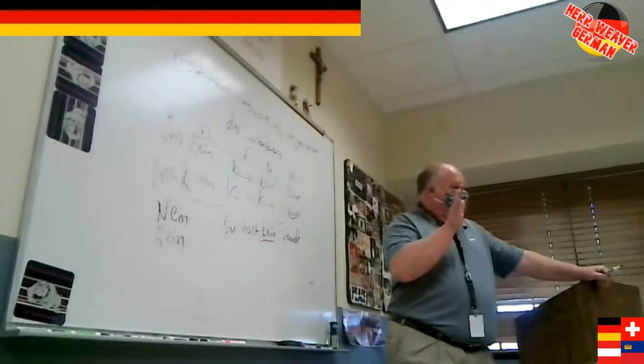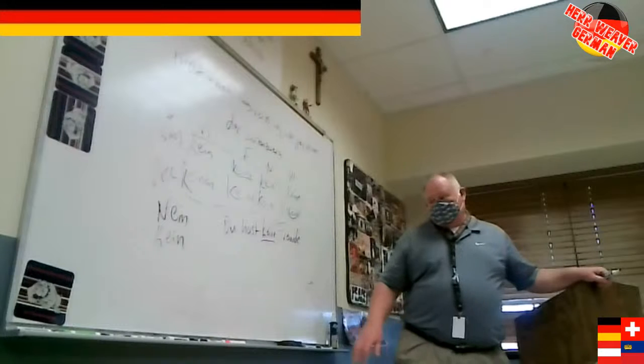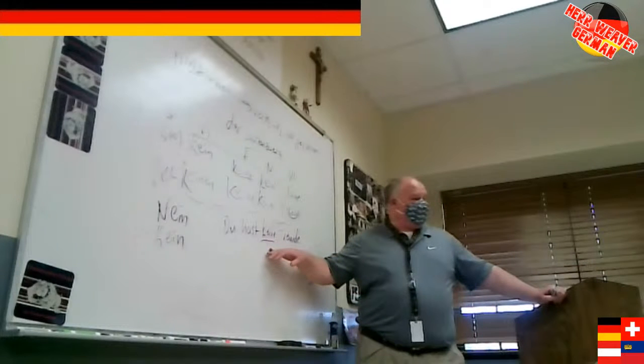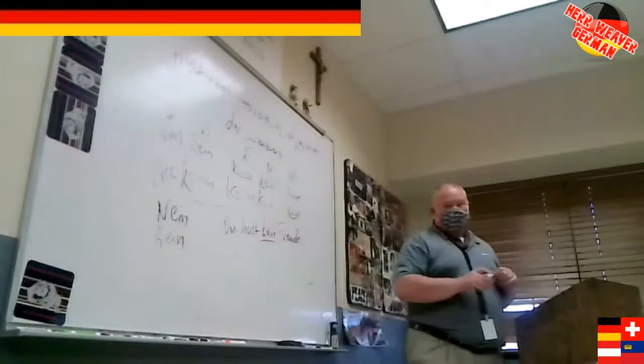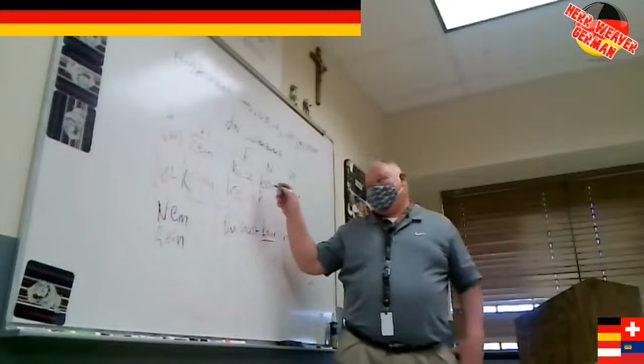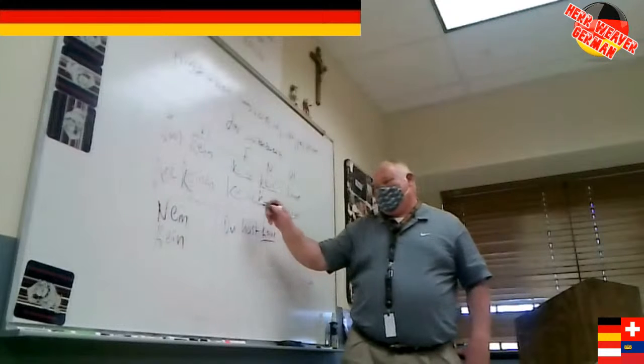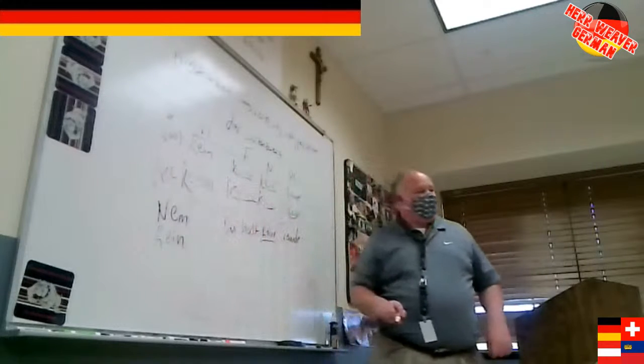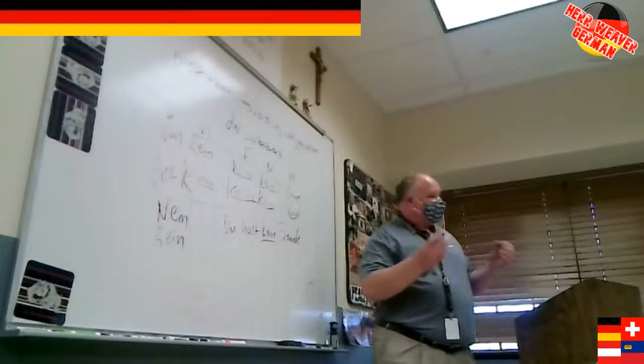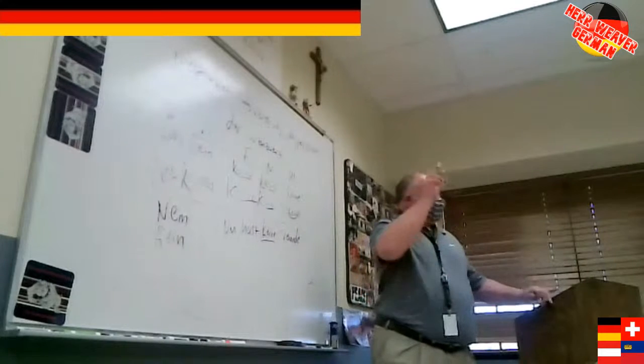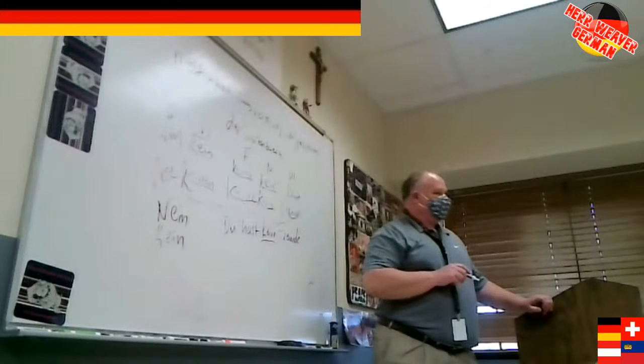The yes/no question. The opposite of yes. But kein is the word we use to negate nouns. Now follow me here. The same rules that we use with the indefinite articles, ein, eine, einen, are the same rules we use to negate those things. Just with a K in front of each word.